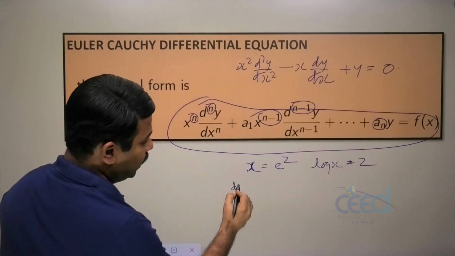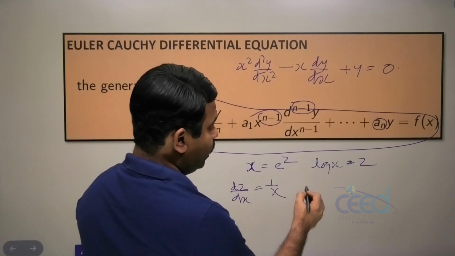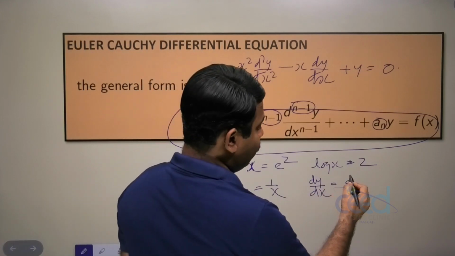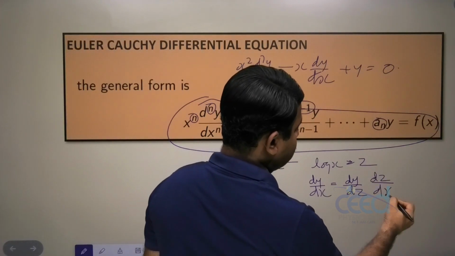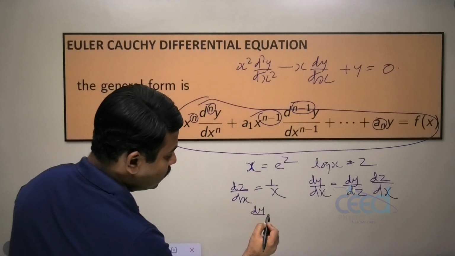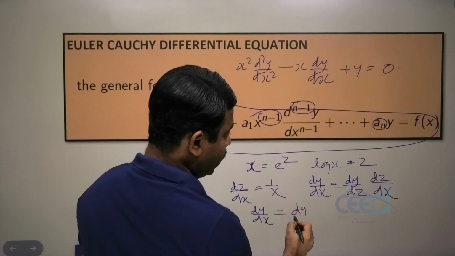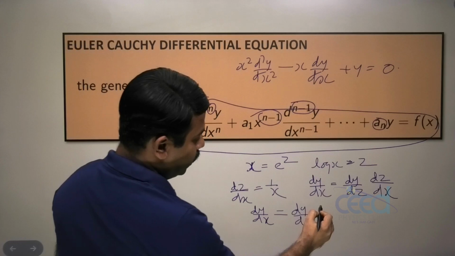Then dz by dx is 1 by x. Now dy by dx is equal to dy by dz into dz by dx, and dz by dx we already got, that is 1 by x.